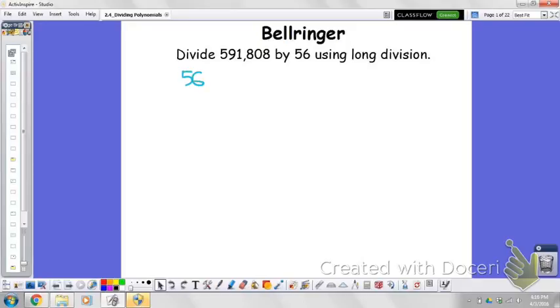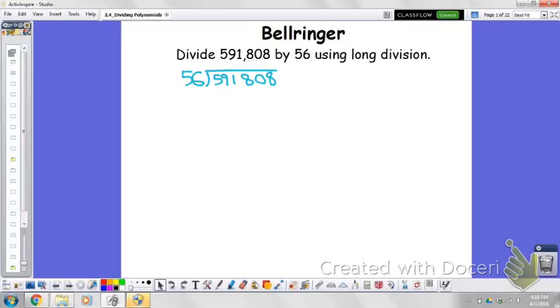So we'll have 56, and then underneath our long division sign we will have 591,808. So the first thing we do is look at how many times 56 goes into 59.